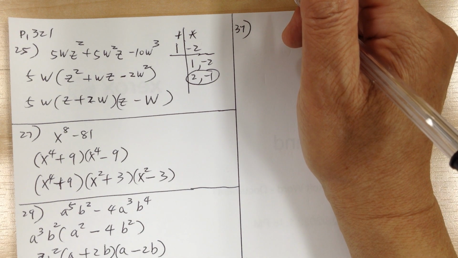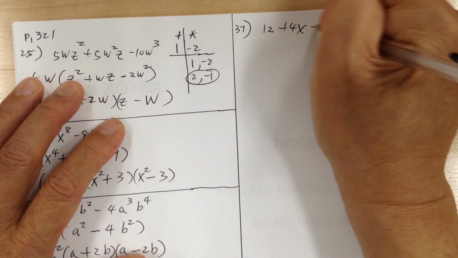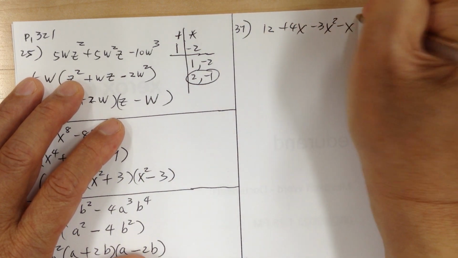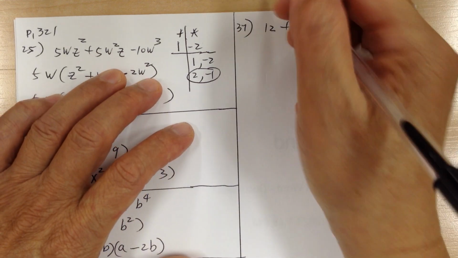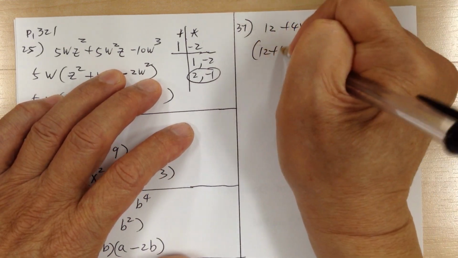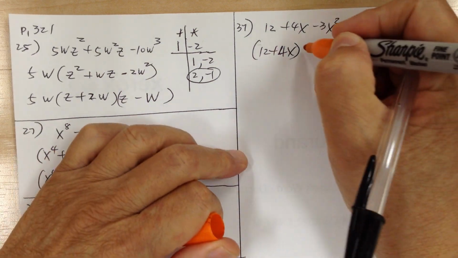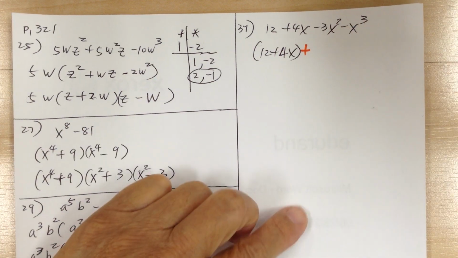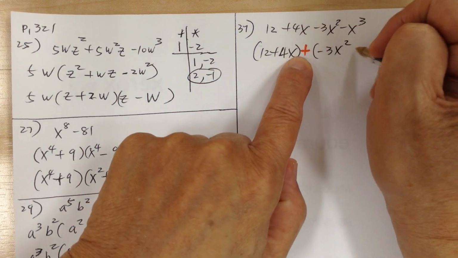So in this case you've got 12 plus 4x minus 3x squared minus x cubed. So for grouping, it's okay to do it in reverse order. So let's do that. You've got 12 plus 4x, and put a plus in between, and you've got negative 3x squared. Again, always put a plus between the groups.